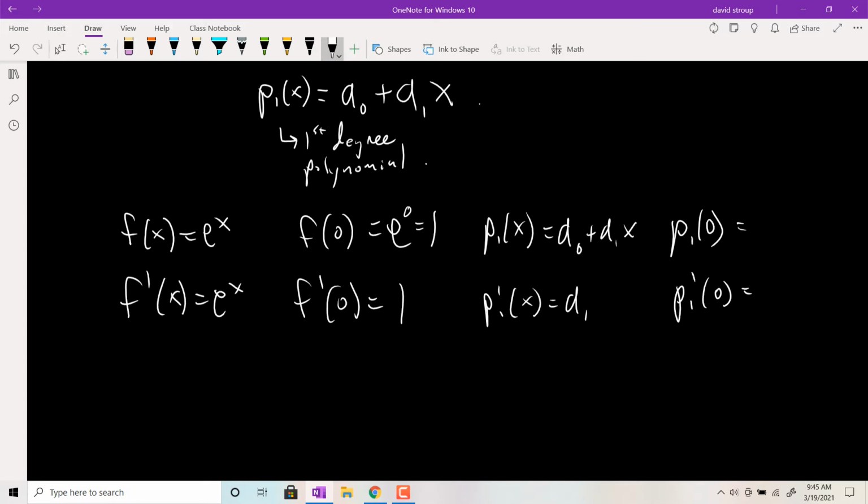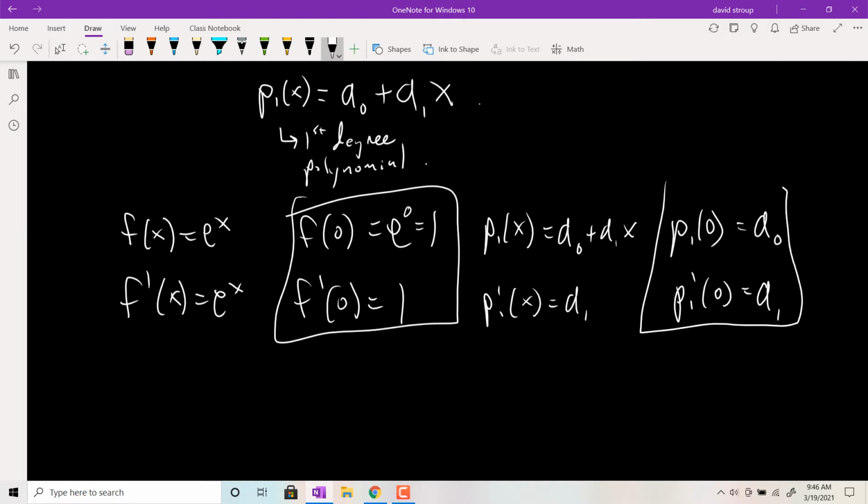So p sub 1 of 0 will be a sub 0. p sub 1 prime of 0 will be just a sub 1. What we want to do then is to equate these, and that'll allow us to solve for the coefficients of the polynomial, and then we'll have our first polynomial in the sequence of polynomials.